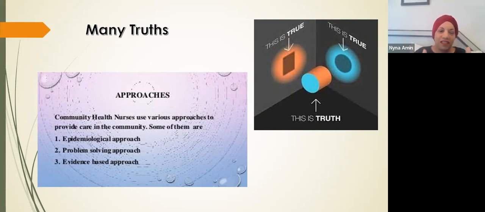But all of these are accepted as truth, as an authentic way of understanding community care. And it's also possible that you could use all three simultaneously or in conjunction with each other, or use two or just one of them. So that's what we mean by the truth, that there is a multiplicity.